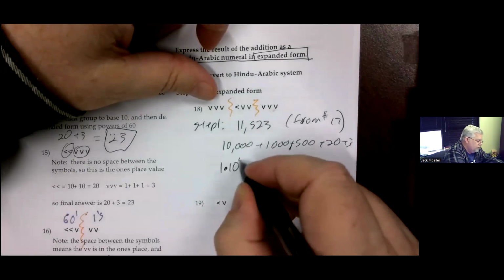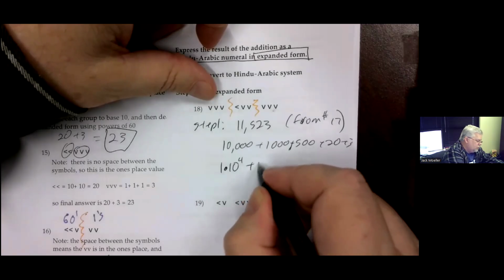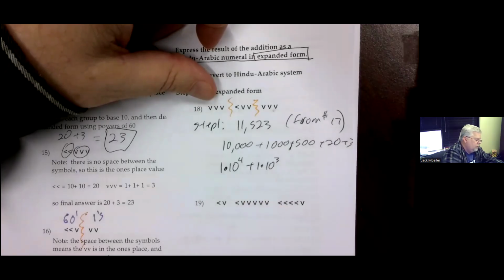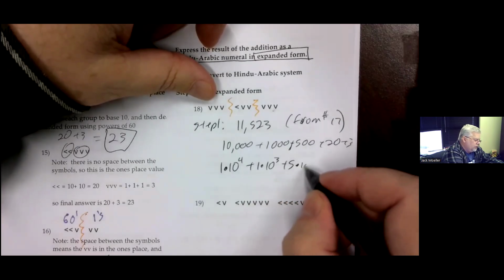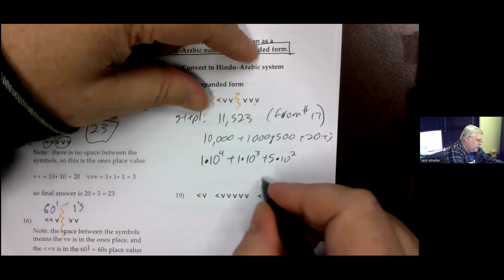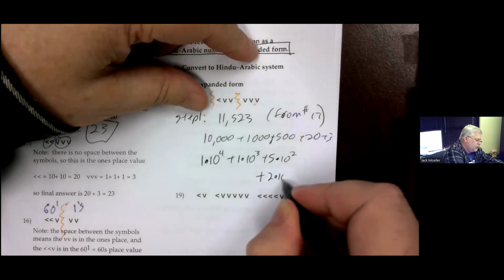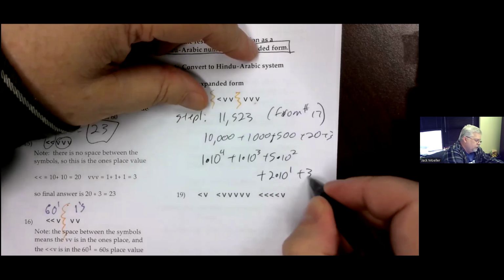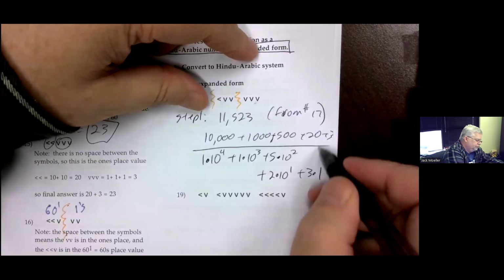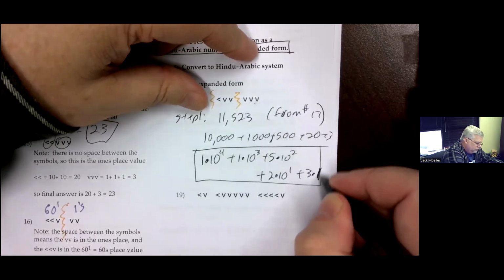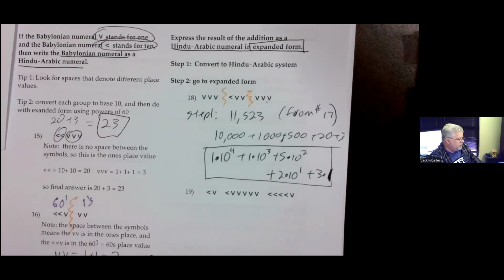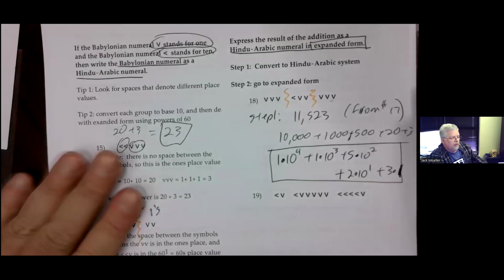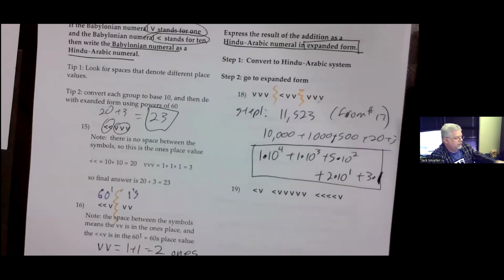Well, you have 4 zeros, so 10 to the fourth. 1,000 is 1 times 3 zeros, so 10 to the third, plus 500, which is 5 times 100, or 10 to the second, plus 20, which is 2 times 10, or 2 times 10 to the first, plus 3, which is 3 times 1. But really, these two problems are a combination of translating Babylonian to our number system plus expanded form.